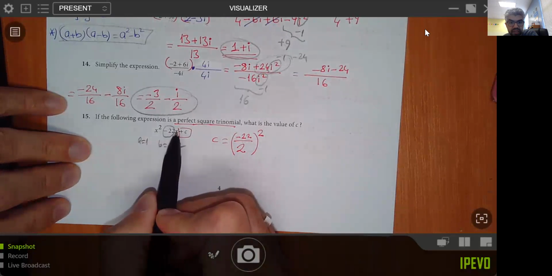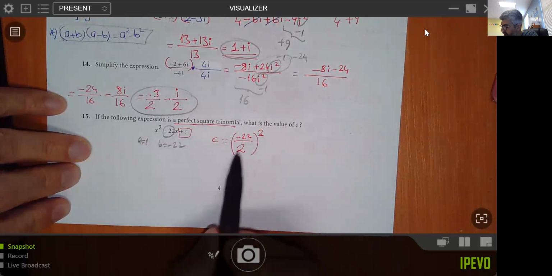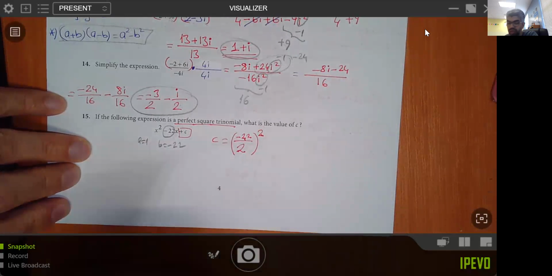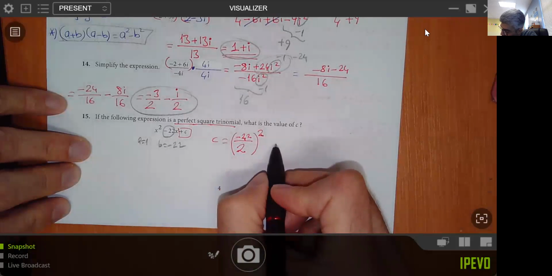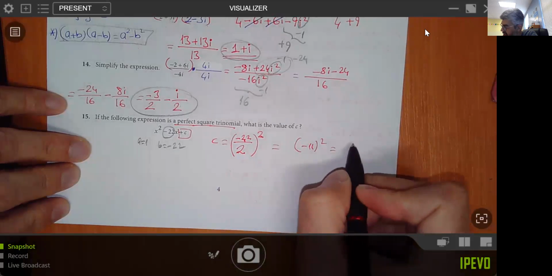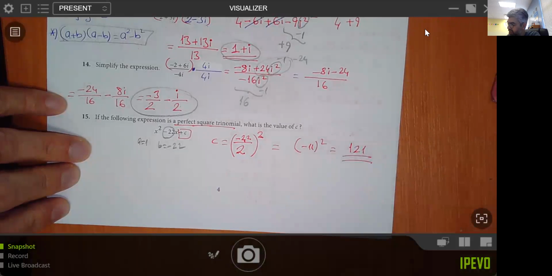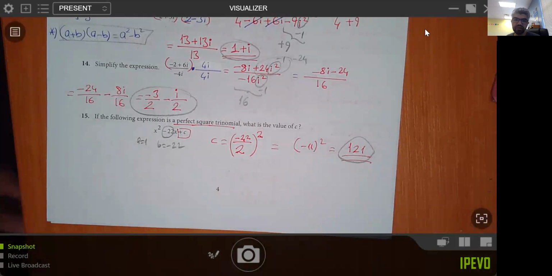If the purpose is getting a perfect square, it must always be the square of half of b. Okay? And that will give us for this question negative 11 squared. It is 121. This is the final answer here. The value of c is 121. Is it clear?